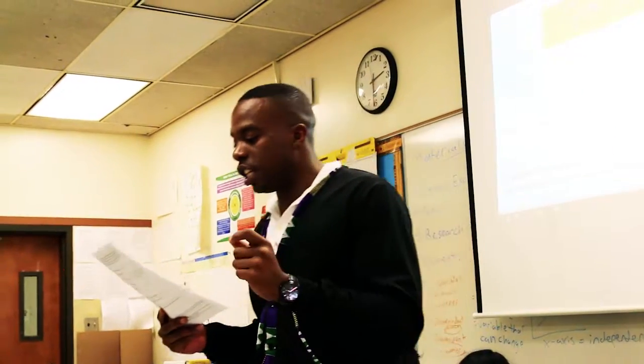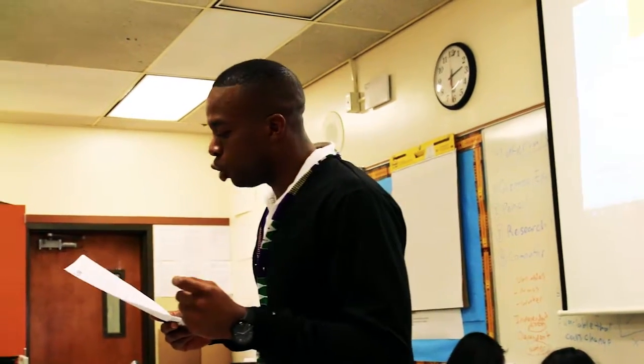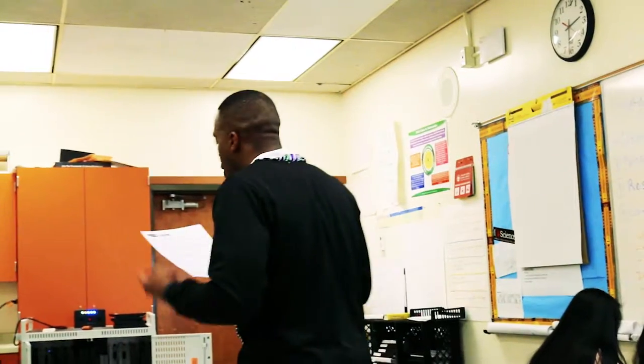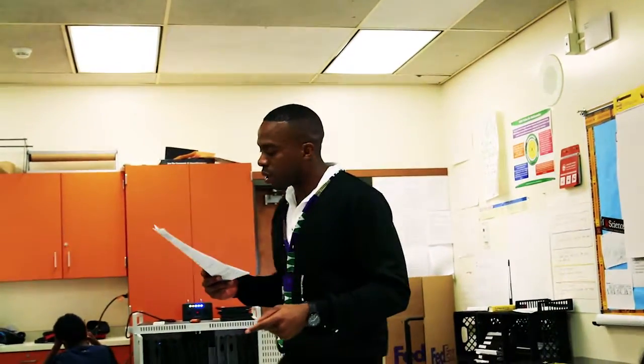This is where you describe the purpose for doing your science fair project or invention. Why should anyone care about the work you did? You have to tell them why.